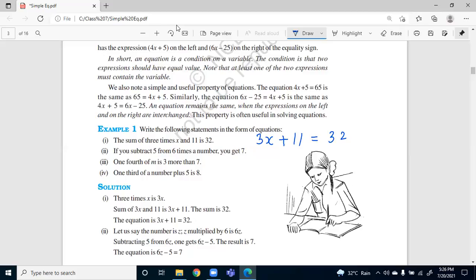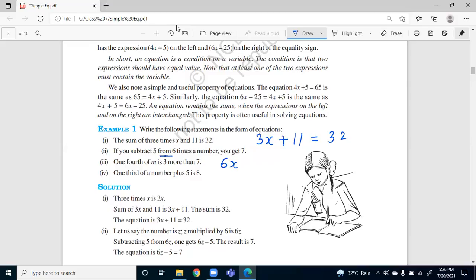I'm done. Okay, so second part is if you subtract 5 from 6 times a number. Whatever is written after from, that we will be writing first. So from 6 times a number. 6 times means 6 multiplied by the number. If I take the number as x, then 6 times the number is 6x.